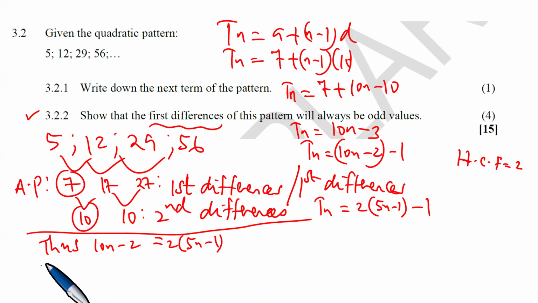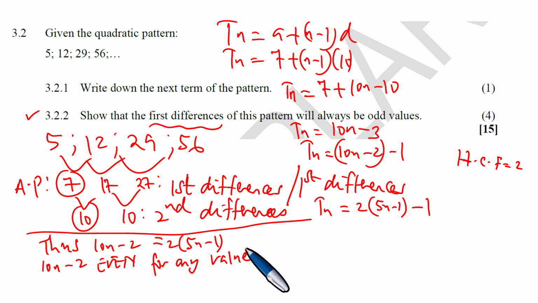Yet we make the observation that 10n minus 2 is even for any value of n.